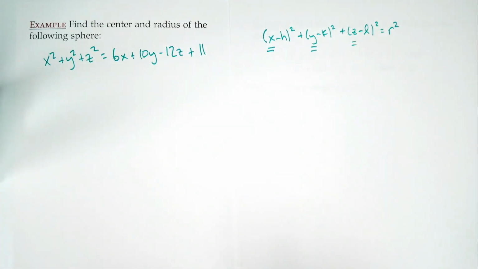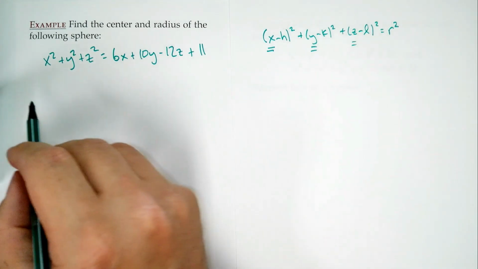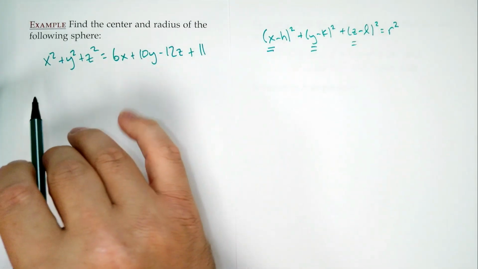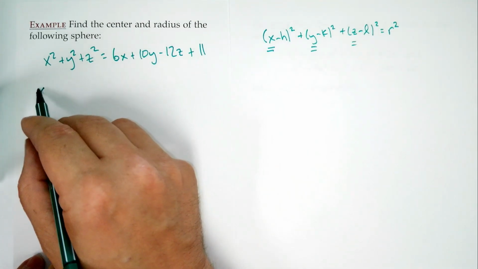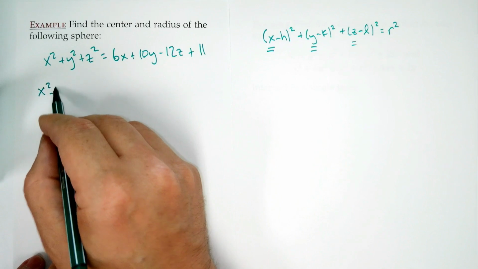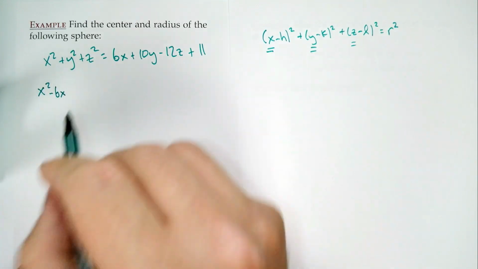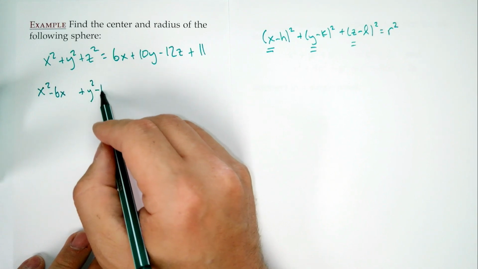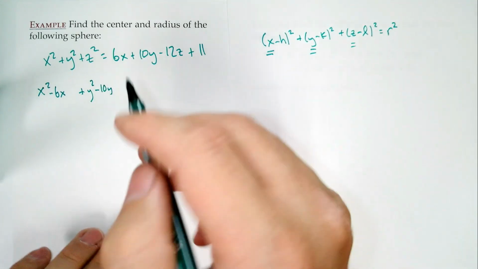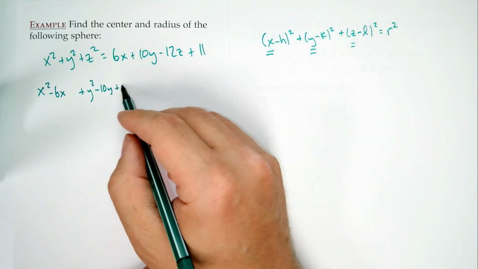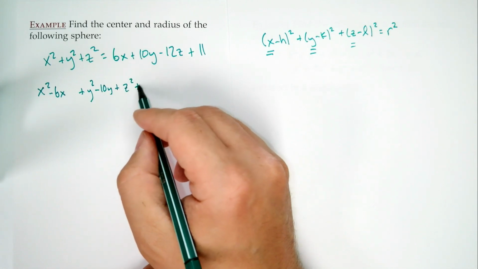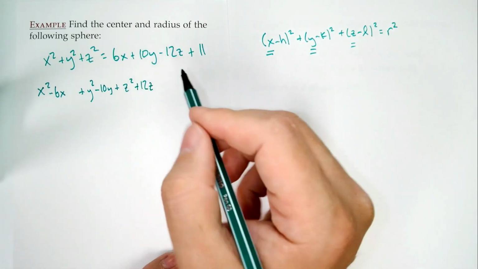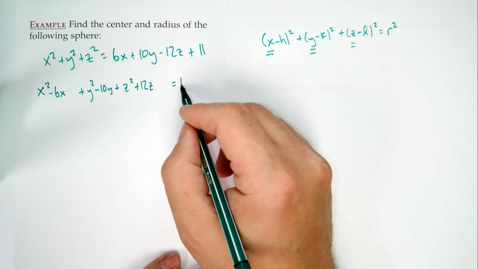Similarly with the y and the z. So we want to put all the x's together. When we move stuff around, we've got to be careful. So we've got x squared minus 6x plus y squared minus 10y plus z squared plus 12z, and that's all going to equal 11.